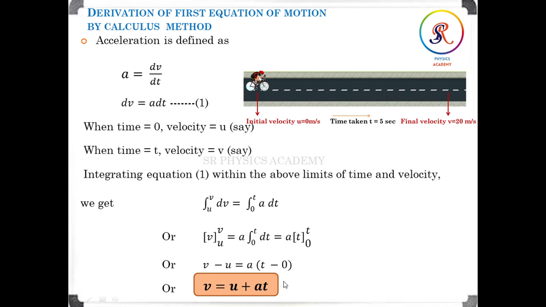So now we have proved the derivation of the first equation of motion by the calculus method, and by the algebraic method and graphical method. Now it is clear for you. We used three types of methods here to derive the first equation of motion.